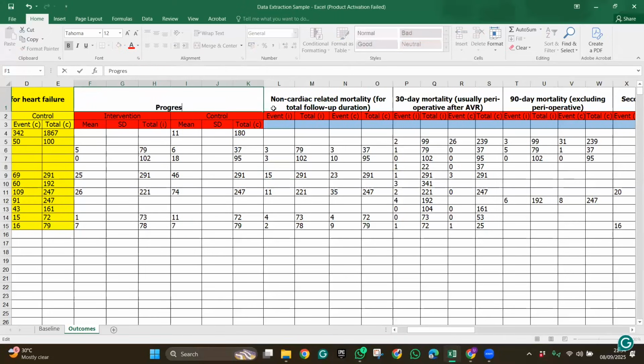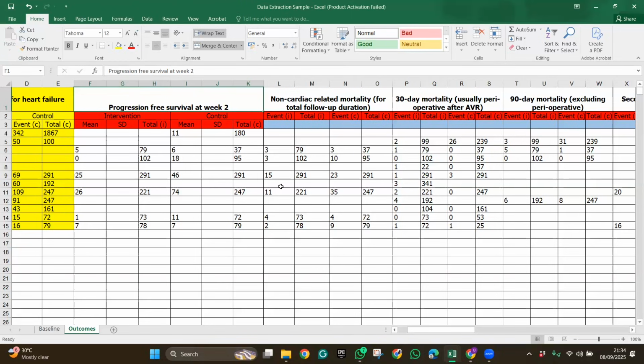Progression-free survival at week 2. Let's say this was the outcome which was reported by the majority of the studies, by let's say 5 studies. You're including 10 studies in your meta-analysis. 5 studies report this outcome, progression-free survival at week 2.